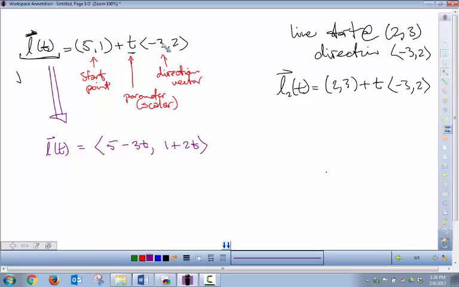All right. So what do I have here? I have an x and a y value. x equals, oops, let's call that 5 minus 3t. y equals 1 plus 2t. Does that remind you of anything? These are parametric equations. So we just rewrote our vector equations into parametric equations.